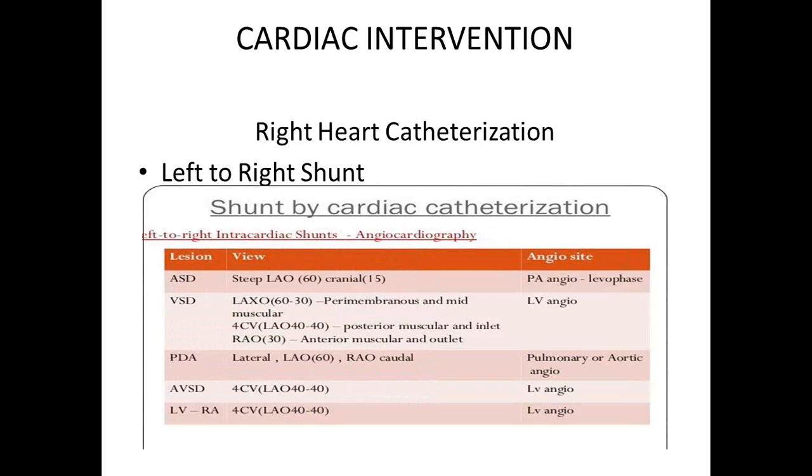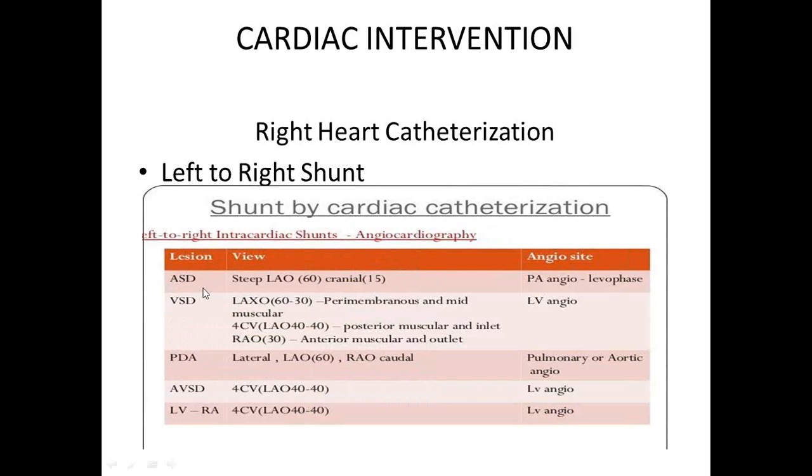So you're just looking for an increase in the oxygen level, and that will indicate that there's a communication between the chambers. We can also do an angiogram. That is, we inject contrast material into the heart, and we can see some of these defects.